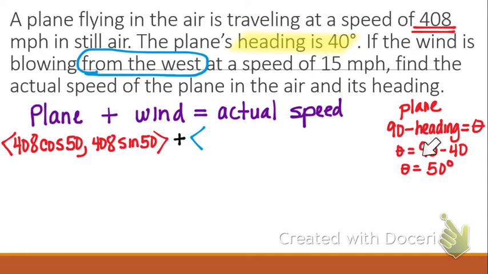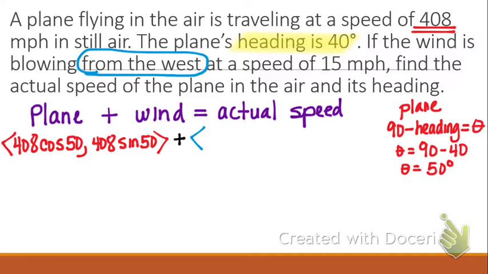So we have to take 90 minus 40, and we're using 50 degrees. So when you're finding your horizontal and vertical component, if you go to the bottom of page 8, you use the direction, not the heading. Does that make sense? Okay, so that's why we're using 50 degrees instead of 40 degrees.